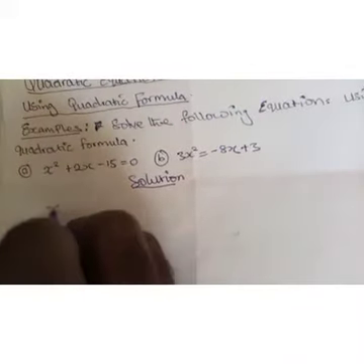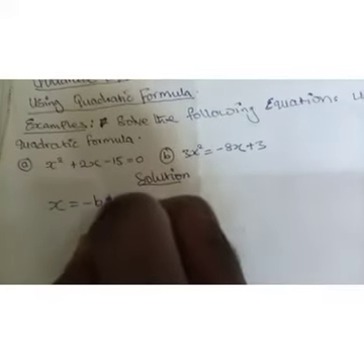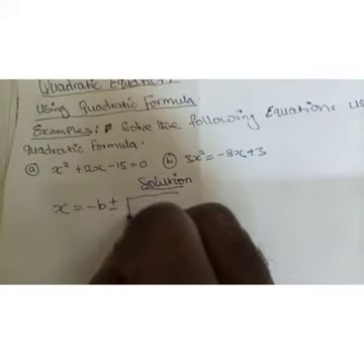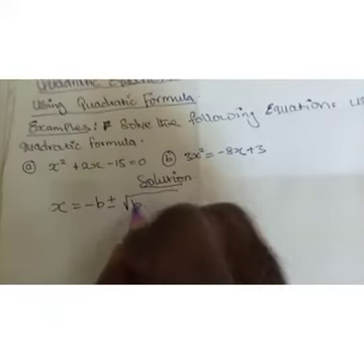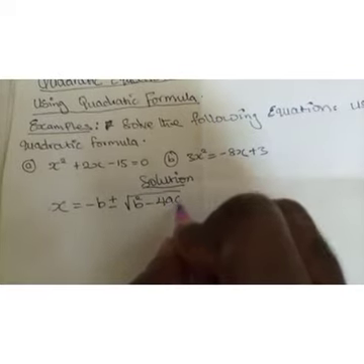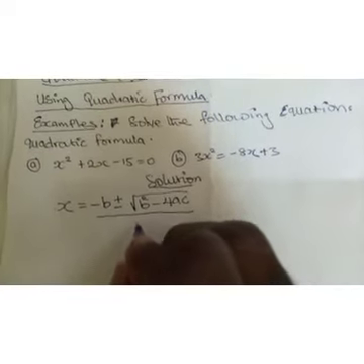So the quadratic formula is given as x equals negative b plus or minus the square root of b squared minus 4ac, all over 2a.